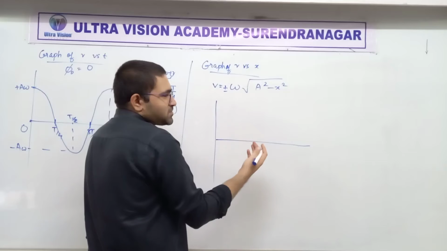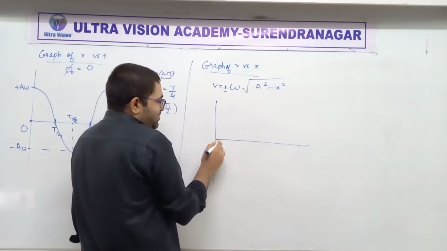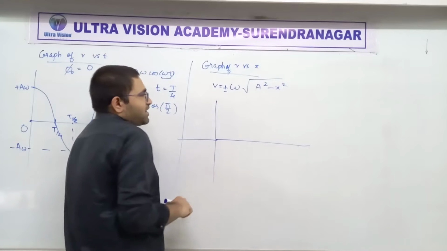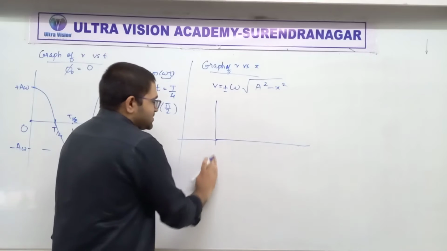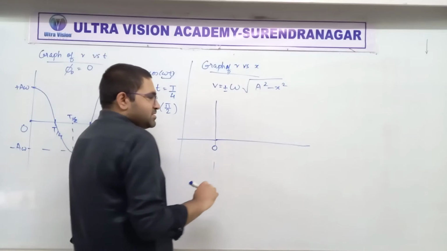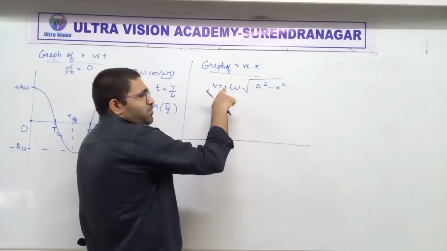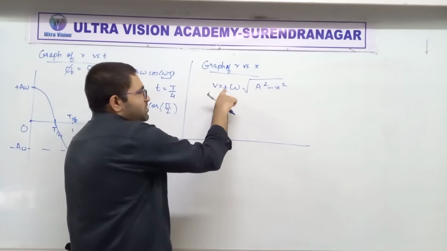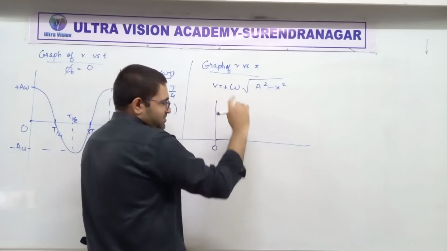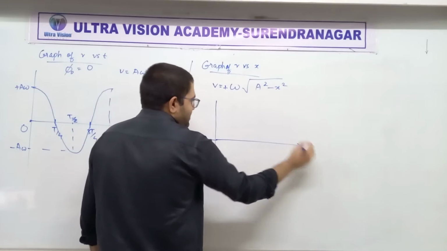So the x coordinate could be negative, could be positive, right? Here this is the origin, 0. If you would draw only the positive part, listen to this carefully, what would it look like?